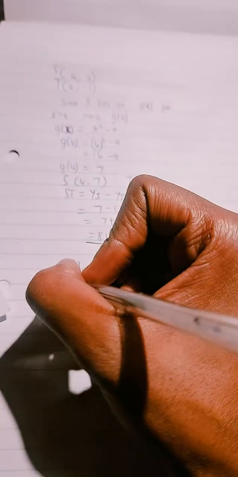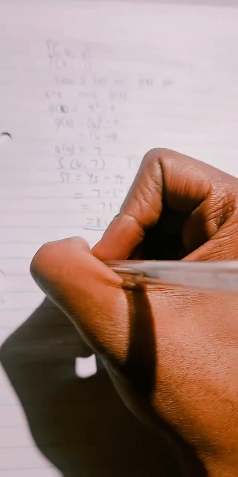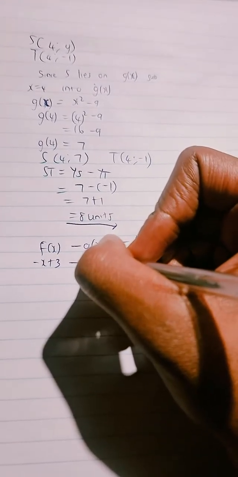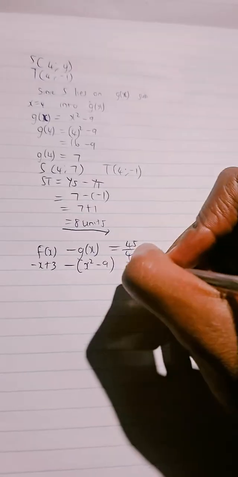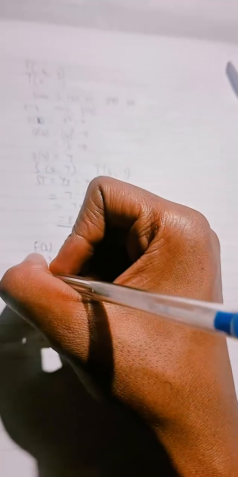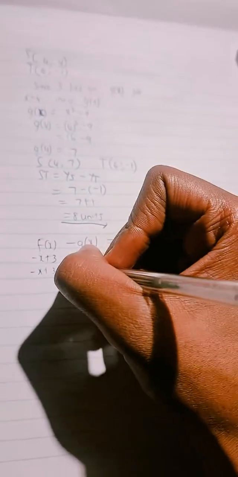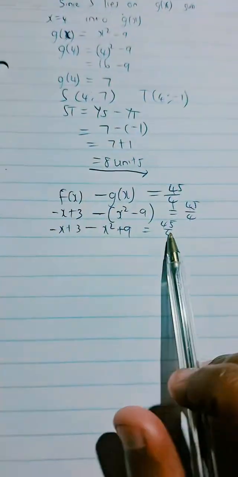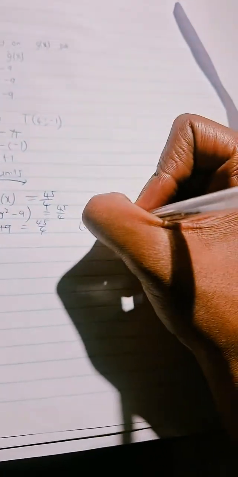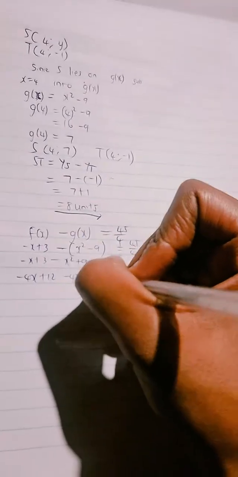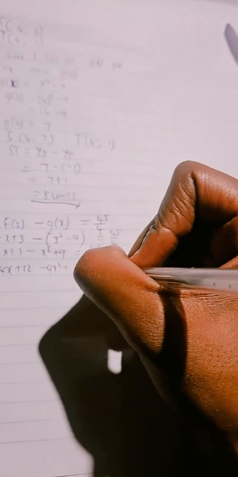So f of x, negative x plus 3 minus brackets x squared minus 9 equal to 45/4. Okay, so that's negative x plus 3. Take the negative inside. Then LCD is 4. So you multiply throughout by the LCD. Negative 4x plus 12 minus 4x squared plus 36 is equal to 45.